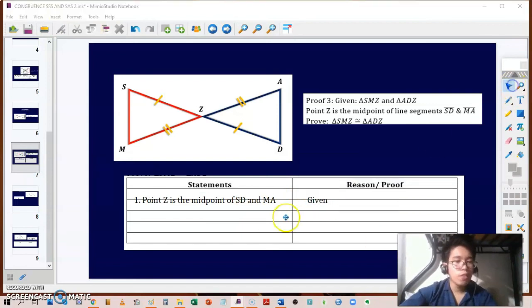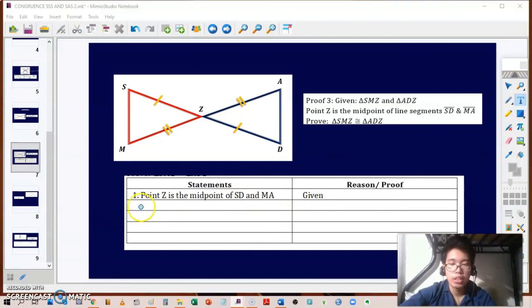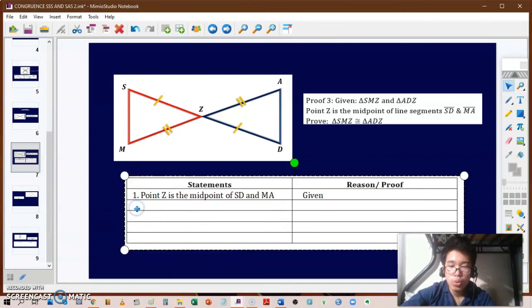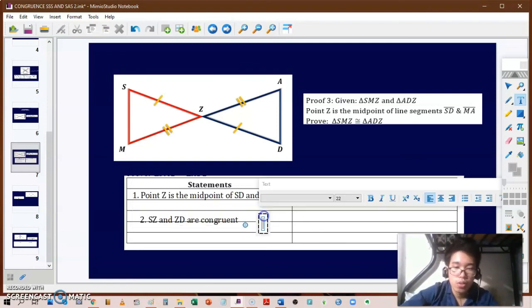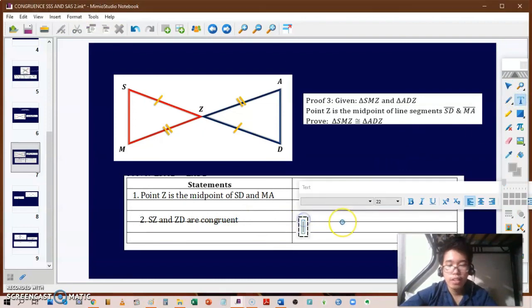And what do you think, guys, is another statement? What other statement can we write here that can help our proof? So we can write here for our statement number 2: since point Z is the midpoint of SD, then we can say that SZ and ZD are congruent. The reason for that is the definition of a midpoint.